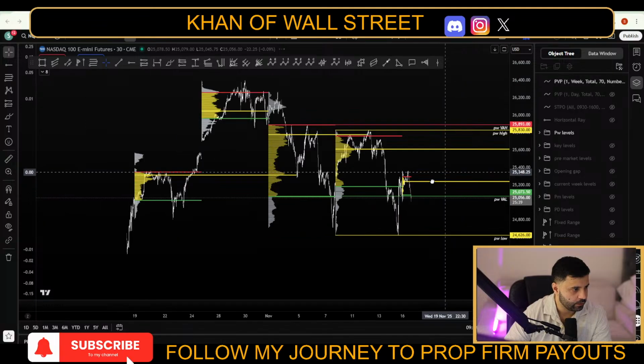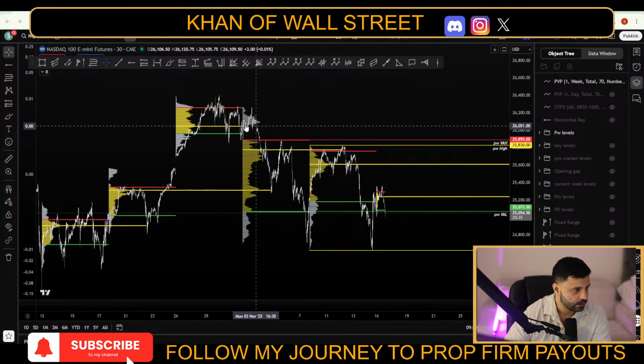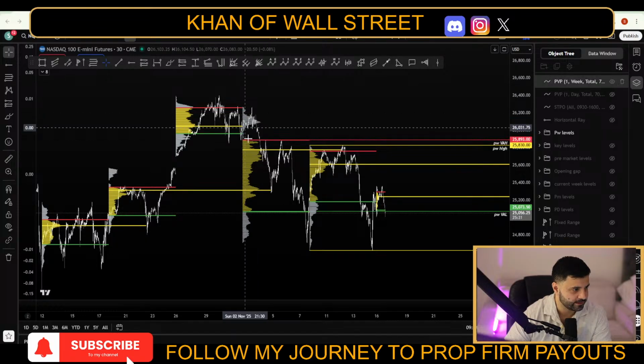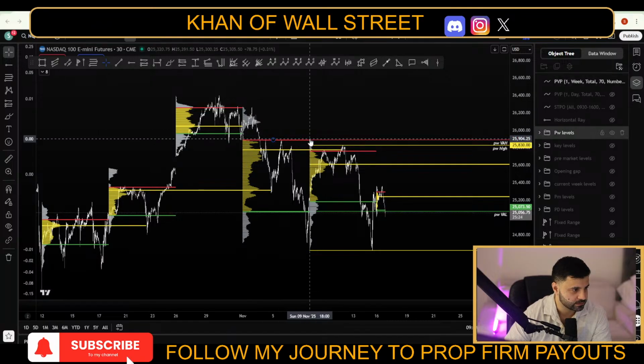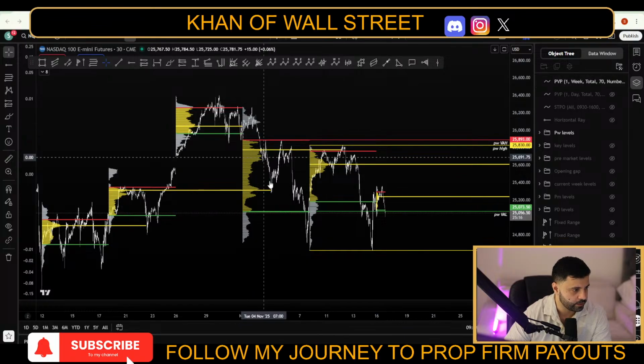Now I also look for volume nodes called LVNs. You can see this is a little bit of a deeper value, a low volume node, but it's right on the value area high, so I would ignore that. It is followed by a large volume node.